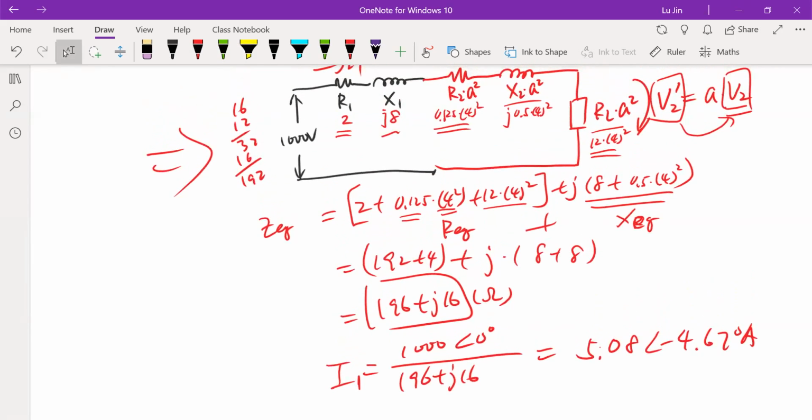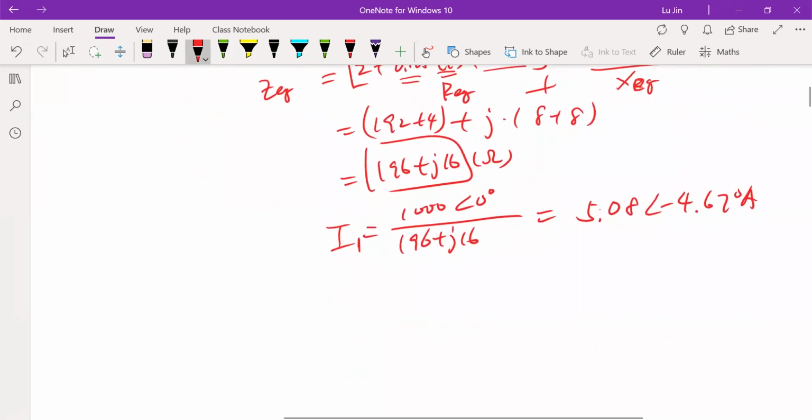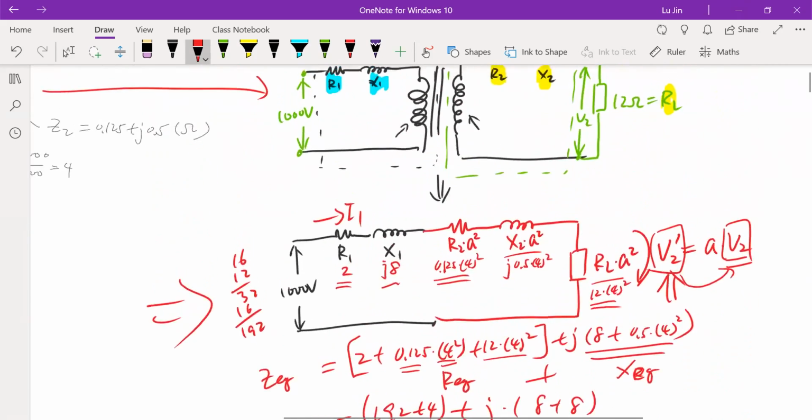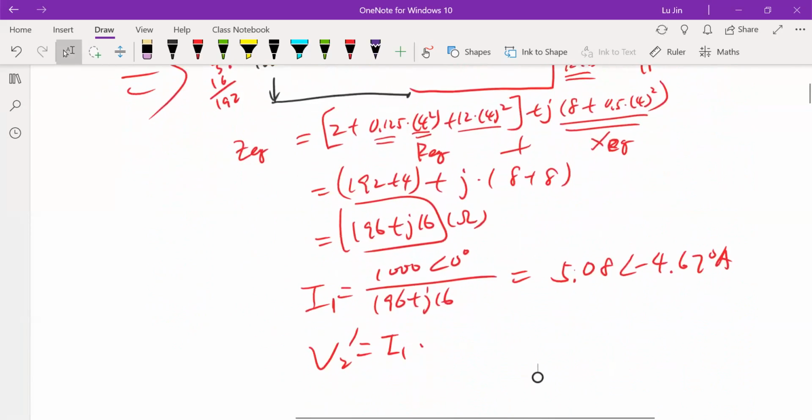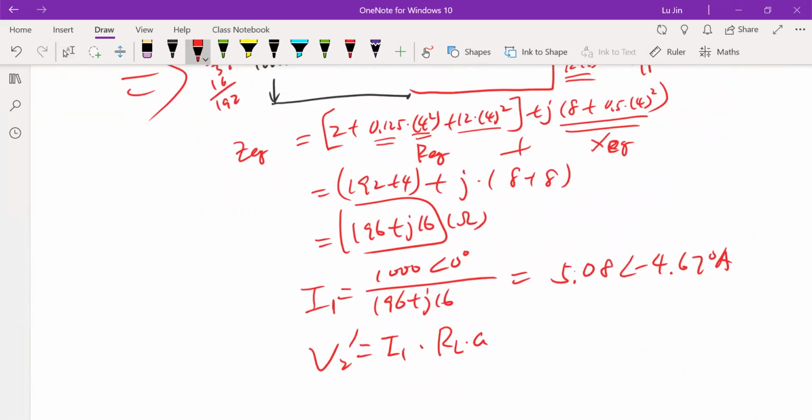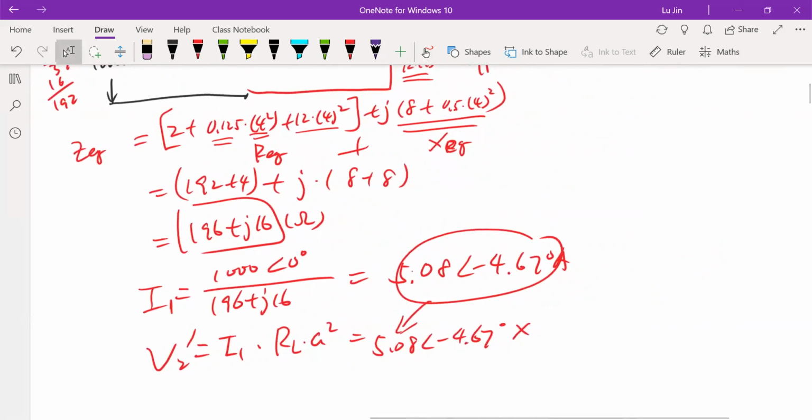So regarding the V2 prime, V2 prime is equal to I1 multiplied by this equivalent load impedance, which is RL by A squared. This number is the I1, multiplied by RL, the load is 12 ohms by 4 squared.